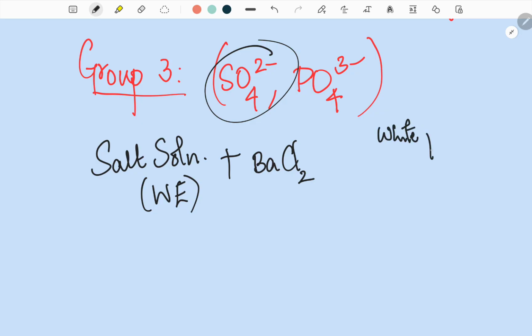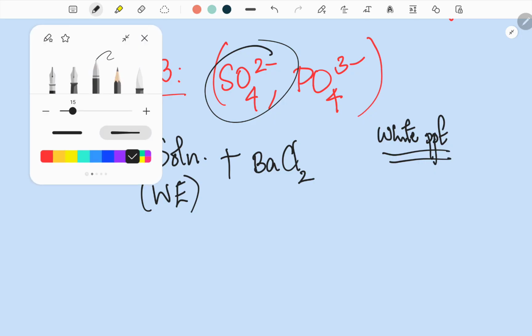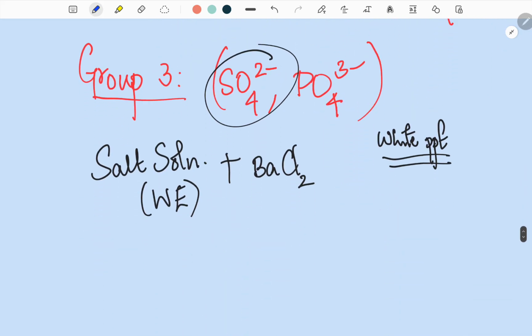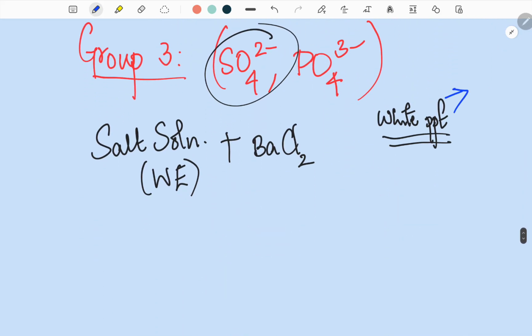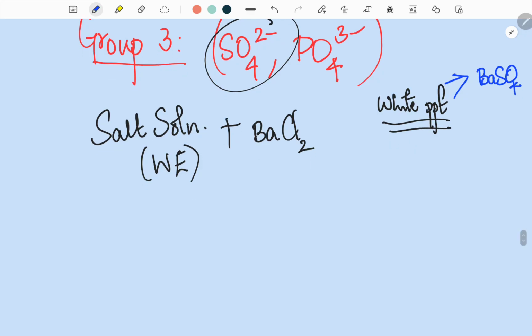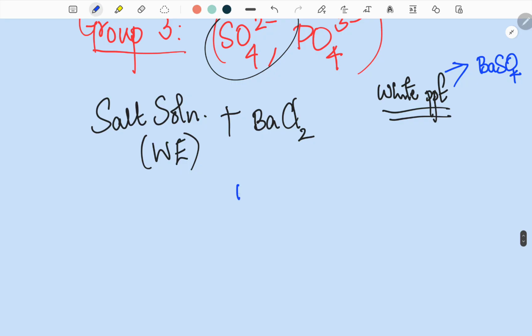It is a double displacement reaction, a precipitation reaction. So you will see a white precipitate being formed. And for the chemistry, what is this white precipitate? They can ask you in the viva. The white precipitate formed is nothing but barium sulfate, because as I told you, it is a double displacement reaction.